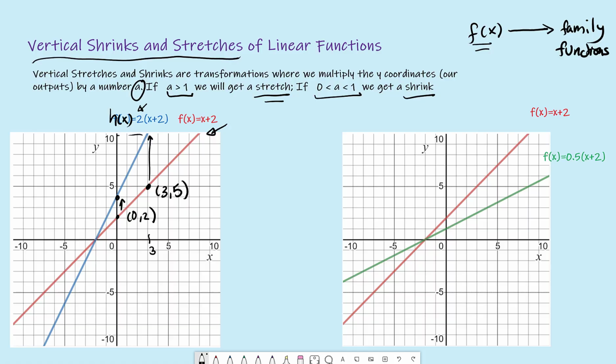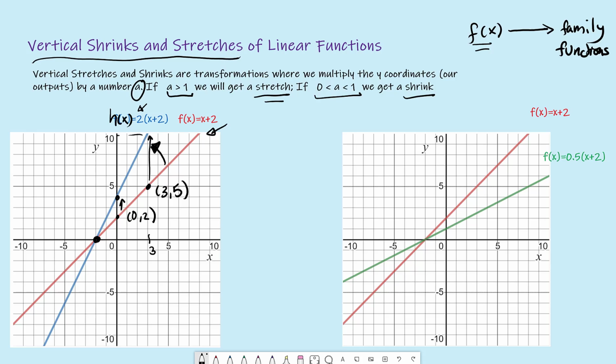So basically what we're doing is we're shifting this whole function, this whole red graph, up to the blue one. But we're not just moving it up rigidly, we're basically spinning it, and we're spinning it around our x-intercept, which is the point on the graph where y equals 0.